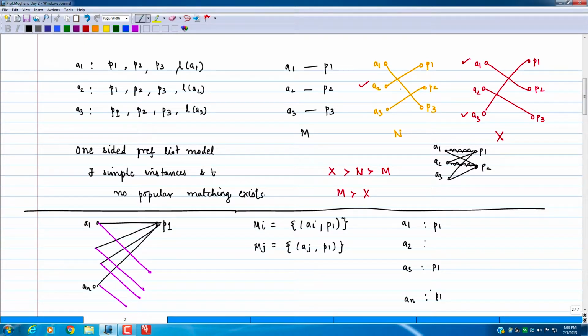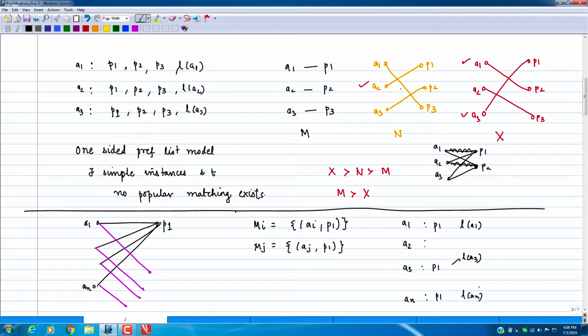We did a pre-processing step where for everybody we add L of A1, L of A2, L of A3, up to L of AN. So everybody gets a unique last resort post, and now we ask what is F of A. F of A for everybody is P1. What is S of A? For each AI, it is L of AI.